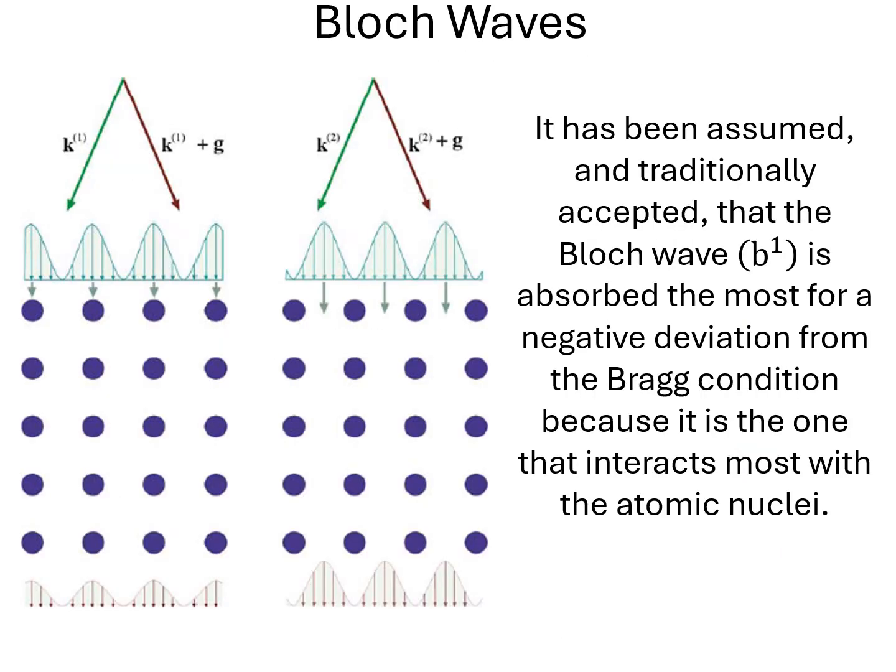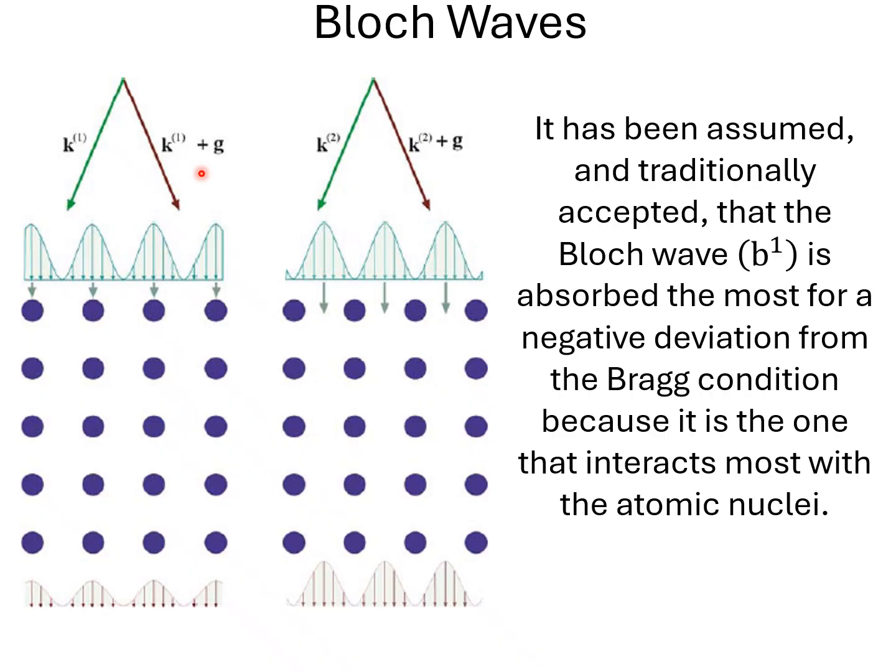Finally, the last point I want to make is that in textbooks you'll see this kind of representation of the Bloch waves, corresponding in this case to the 1 and the 2 here. Bloch wave 1 is the one that's slowed, and Bloch wave 2 is the one that's speeded up. Traditionally, Bloch wave 1 is the one that's absorbed the most for negative deviation from the Bragg condition.